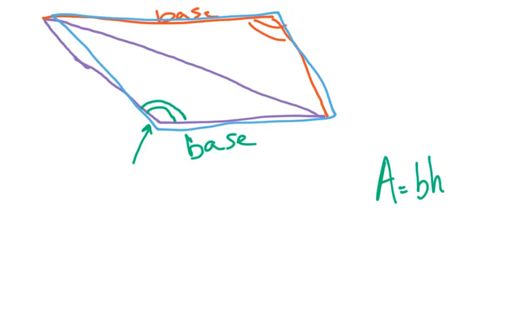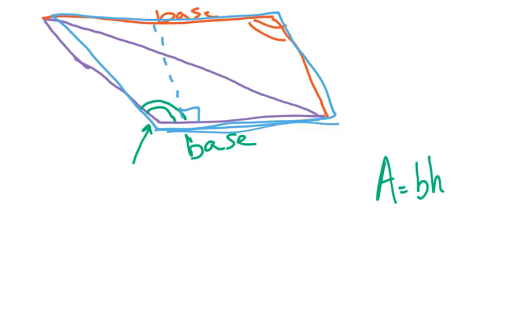Granted, my drawing is not the best, but if you add those two exact same triangles together, you make yourself a parallelogram. We know the base of a parallelogram right here, and we know that the height isn't something that's going to be a side dimension, but something that we have to add in so that we can make a right angle. There's my base, there's my height. I can multiply those together and find the area of that whole shape.